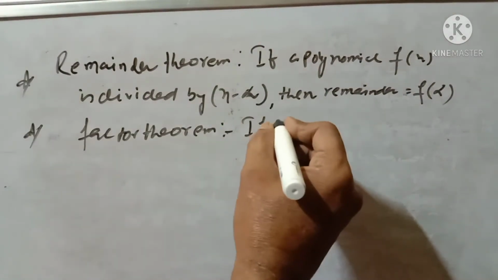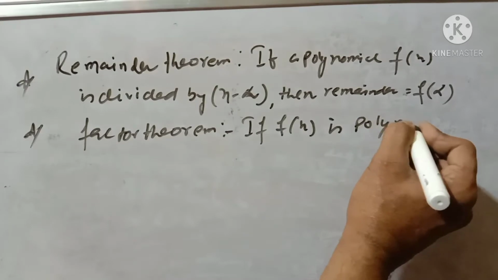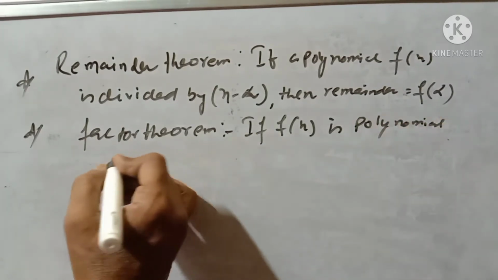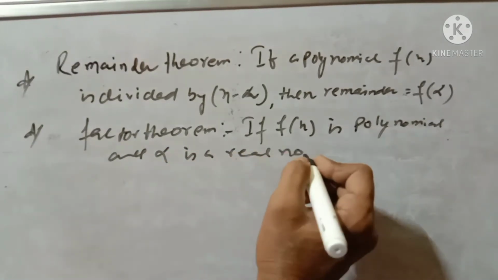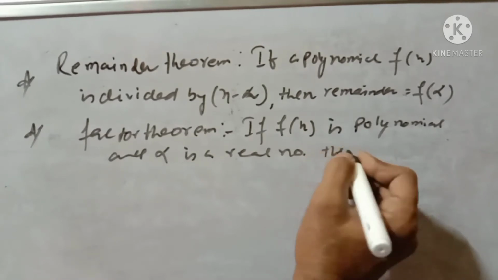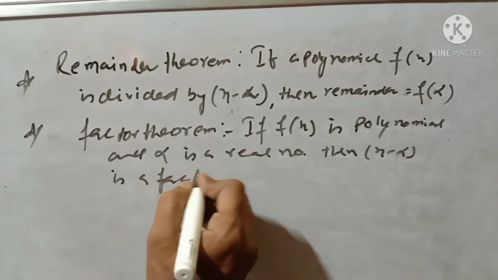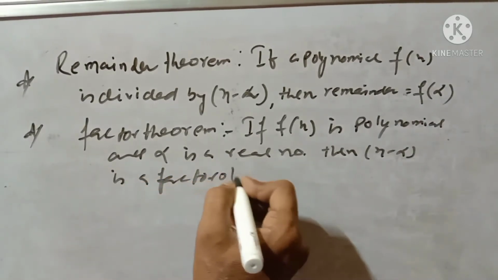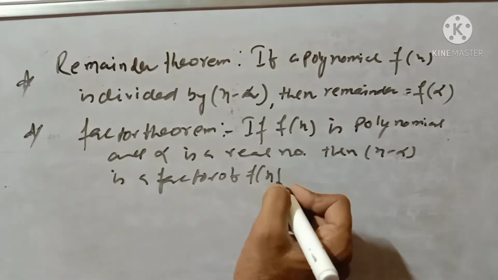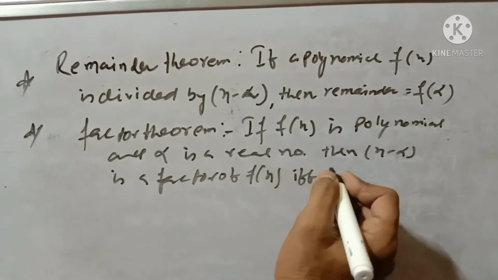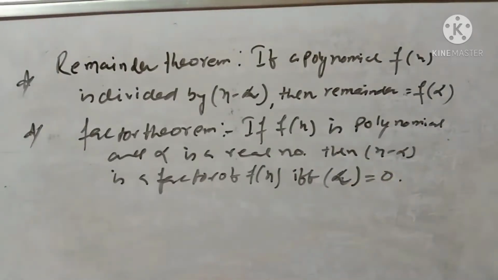Factor theorem: if f(x) is a polynomial and alpha is a real number, then x minus alpha is a factor of f(x) if and only if f(alpha) is equal to 0. This is your factor theorem.